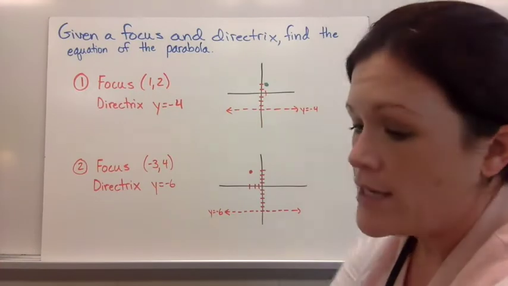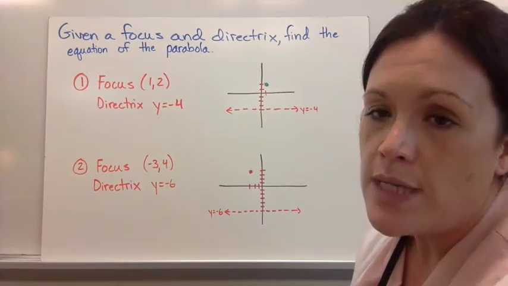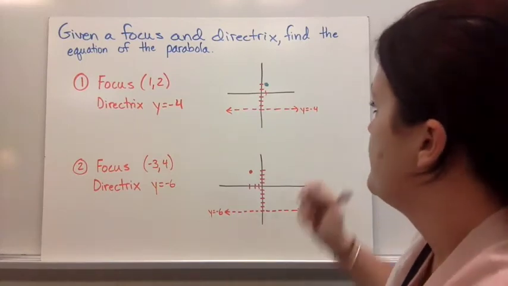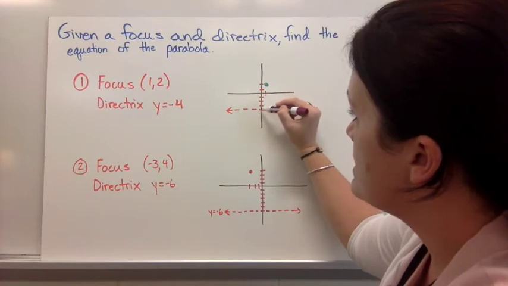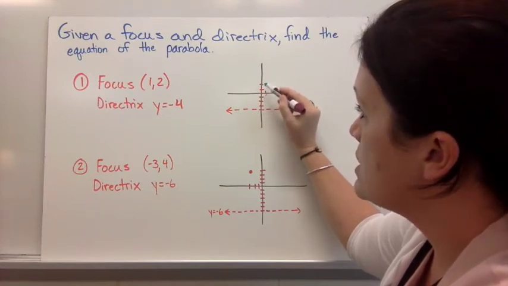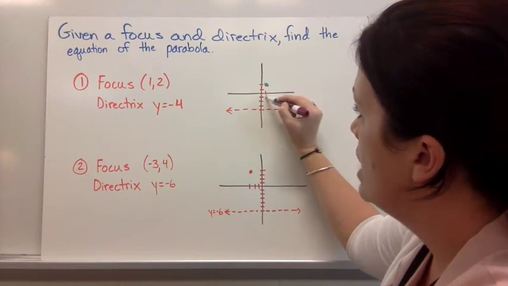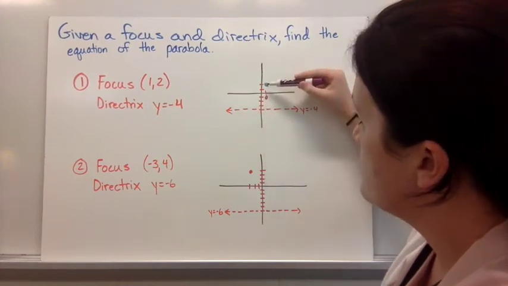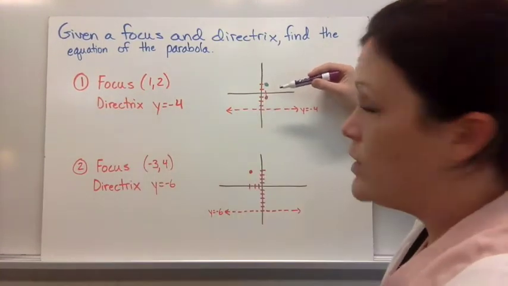To find the vertex, you have to go halfway between. The vertex is the midpoint between the focus and the directrix. So if you simply count 1, 2, 3, 4, 5, 6, there are 6 units between these two. So I need to go 1, 2, 3 up, and it's directly in between. So since this one was over 1, my vertex is also over 1 on my graph.